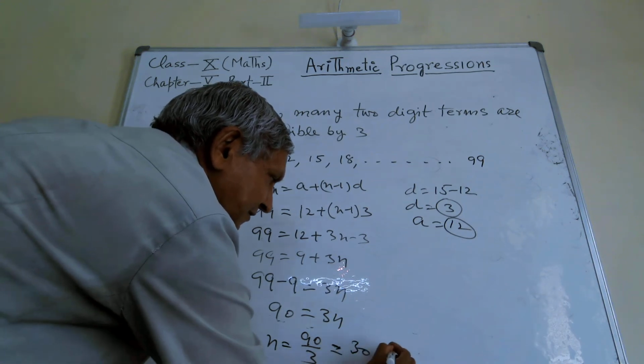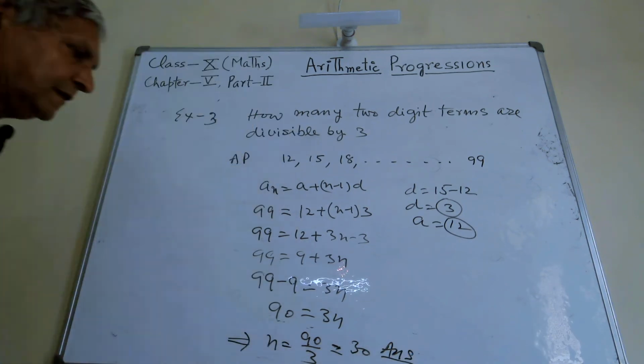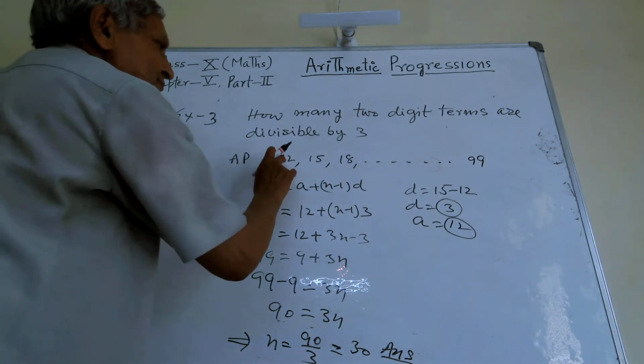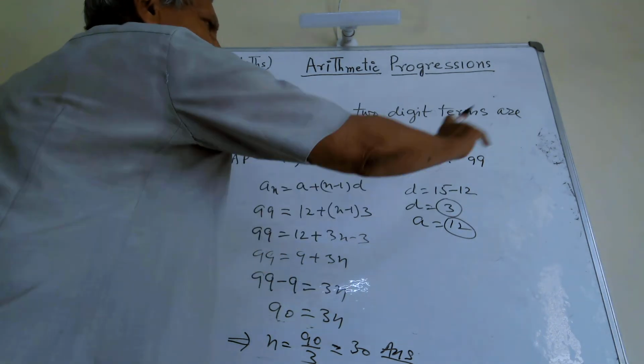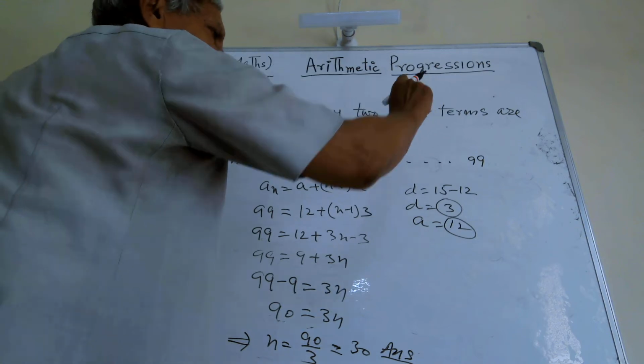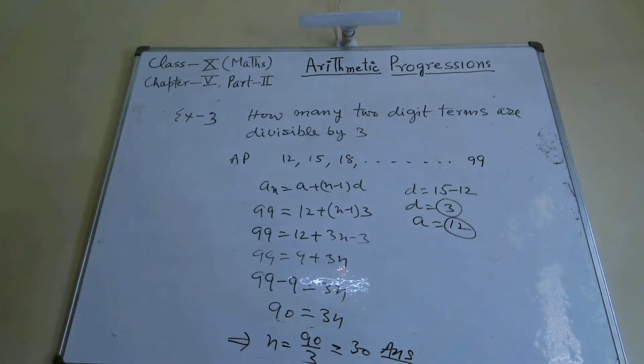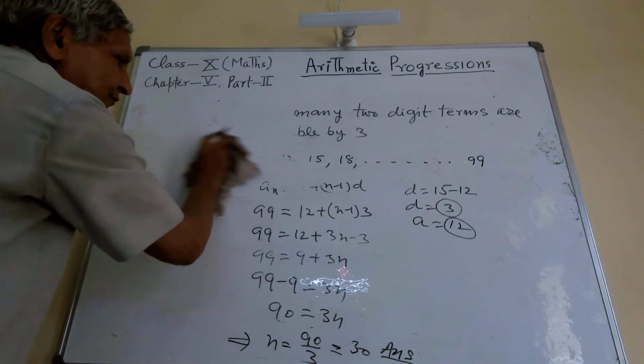This is the answer. There will be 30 two-digit terms which can be divided by 3. This is the question. Now I am taking the fourth question.